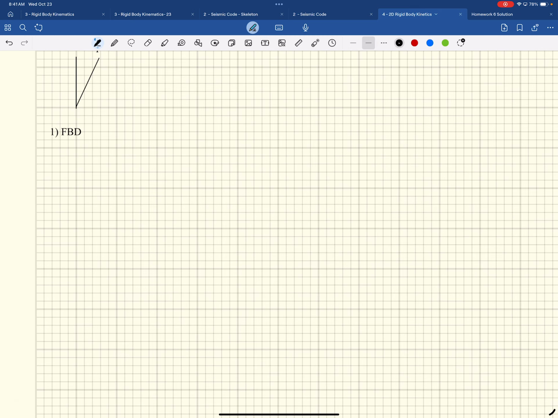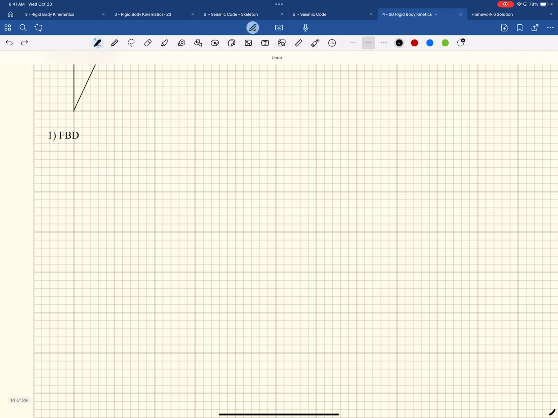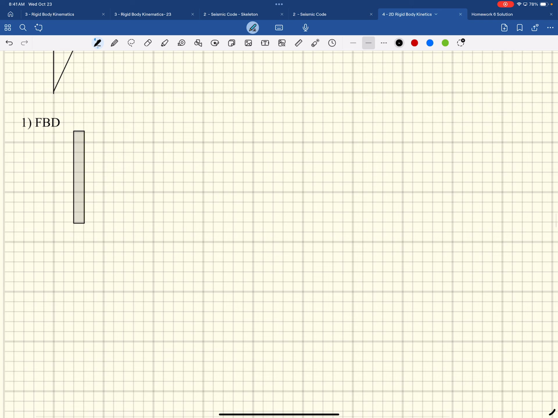Okay, so free body diagram, draw our object. And my object. Forces acting on it. I got mass times gravity.